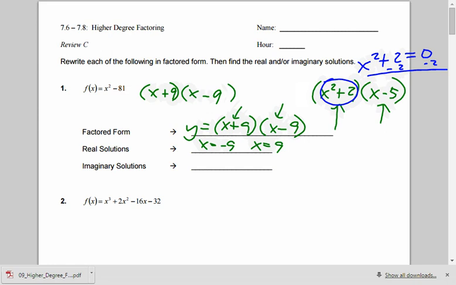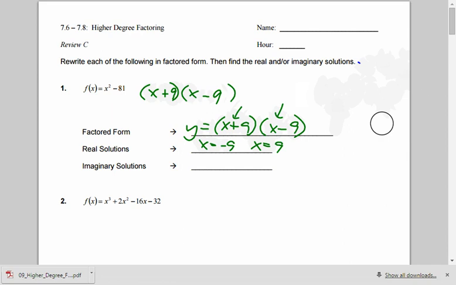And that's what forces you to have an imaginary answer, is when you do square roots of negatives. All right, so this kind would have had imaginaries. So for this, since there aren't any imaginaries, you shouldn't just leave it blank. You'd say none. All right.